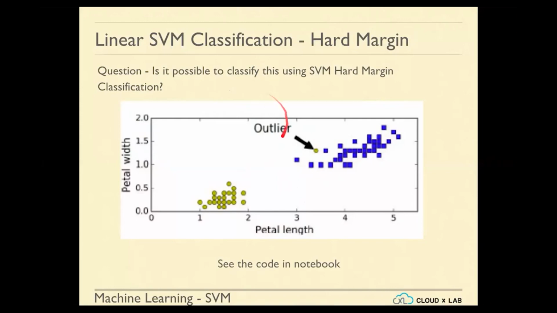Because no matter how we fit the street, we are going to have outliers, or violations. If a classifier is not accommodating to the outliers, it won't work. Same is the case with hard margin classification, because it's not really possible to say yes or no in this case, because there are some outliers. So we'll have to accommodate the outliers specifically in this kind of model, right?